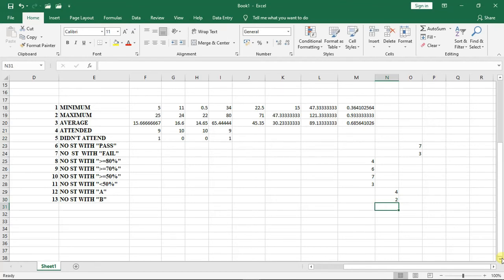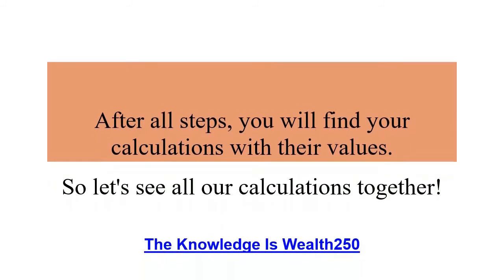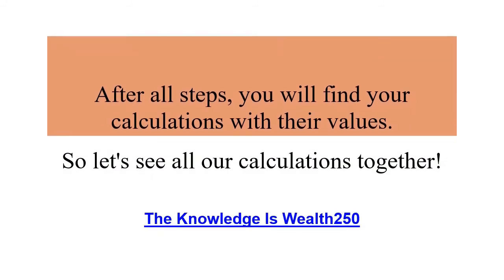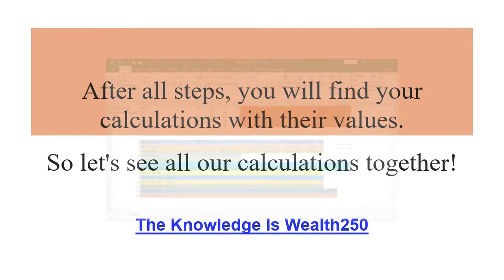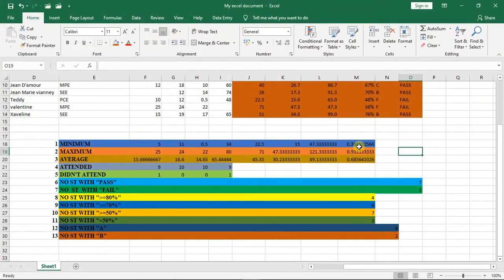Then, after all steps, you will find your calculations with their values. They are on the screen. So let's see all our calculations together. These are our calculations with their values.